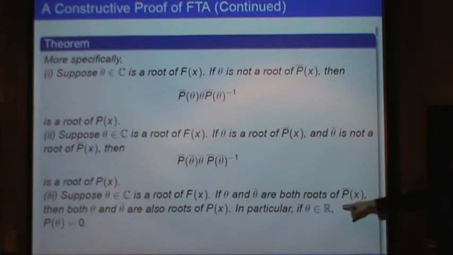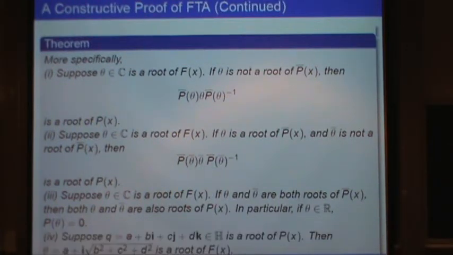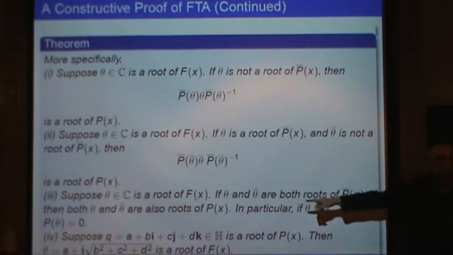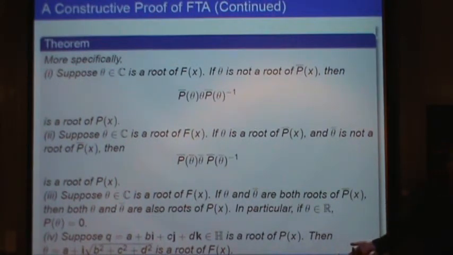In particular, if theta is real, then P of theta is equal to 0. Suppose that Q is a root of P of x, then theta, the complex conjugate sort of it, is a root of f of x.